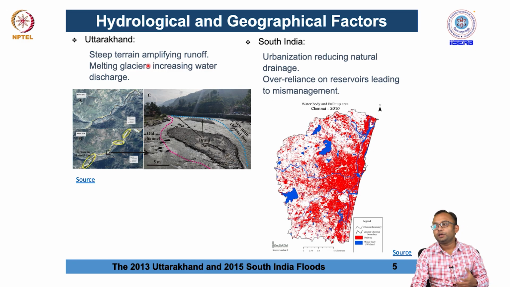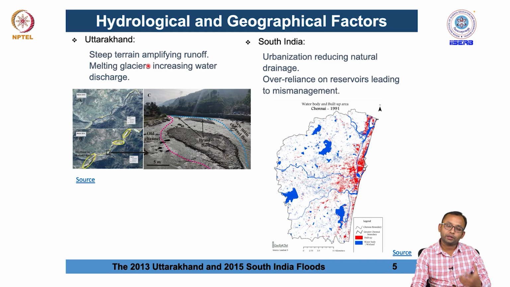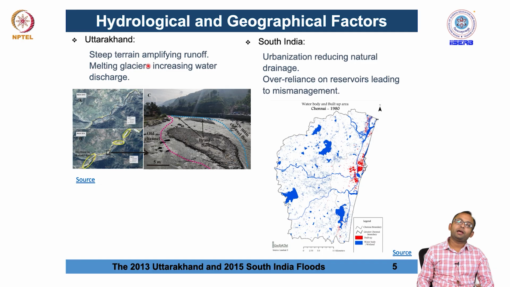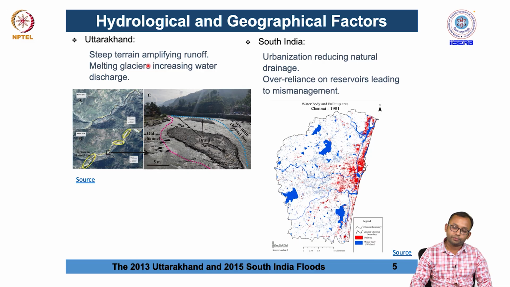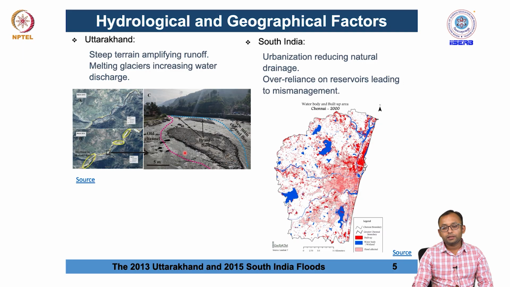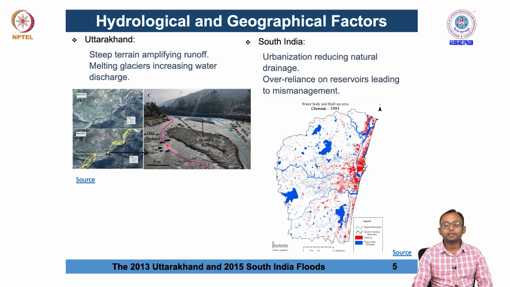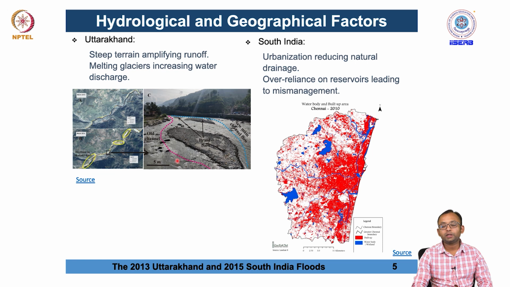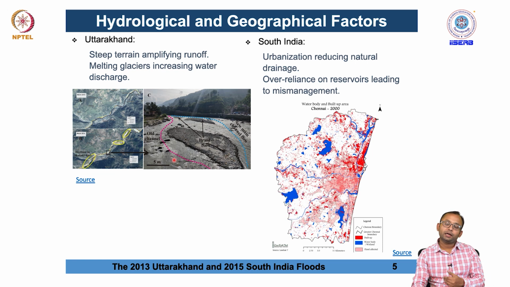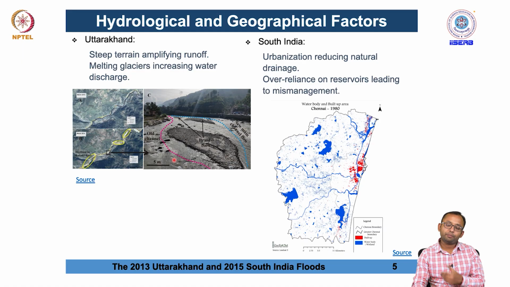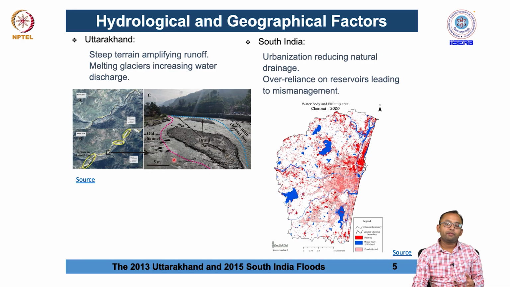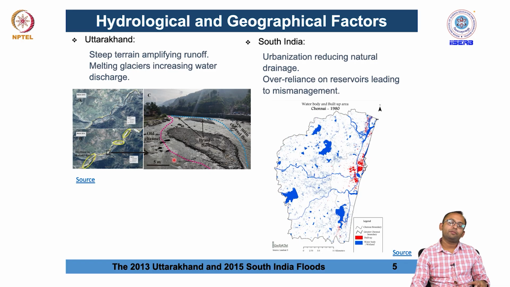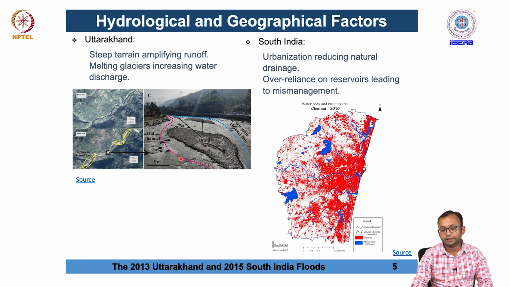If a huge amount of rainfall occurs in that region, it is possible that a very high velocity flood water wave comes towards the downstream region and inundates the whole low slope region. The melting of glaciers and increasing water discharge can also amplify this situation, because when we have an early higher runoff component, that might saturate the ground a little early, and when we have a higher amount of rainfall, that creates flood events in those regions.